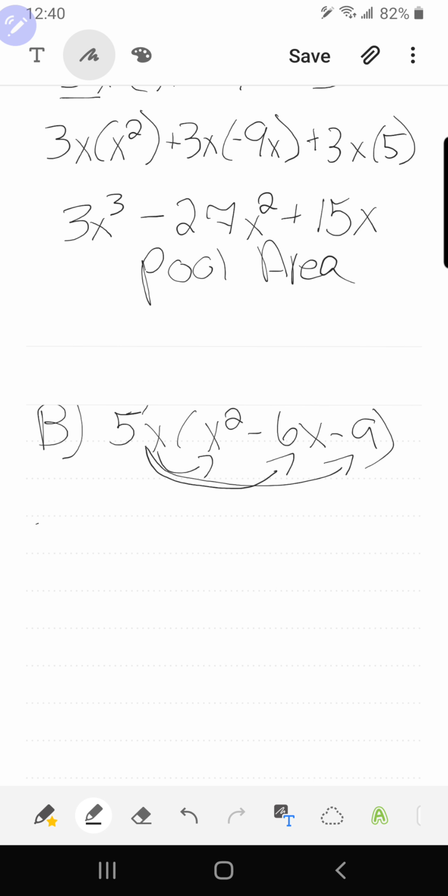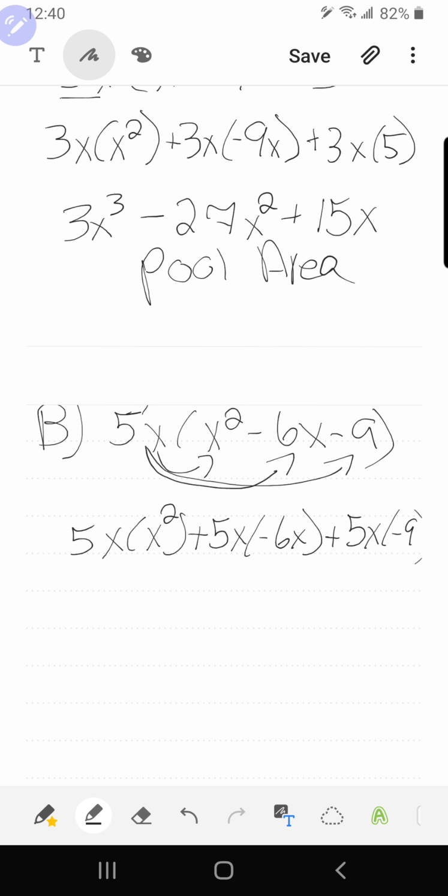Let's write it out: 5x times x squared plus 5x times negative 6x plus 5x times negative 9.